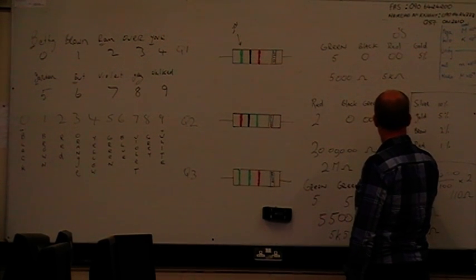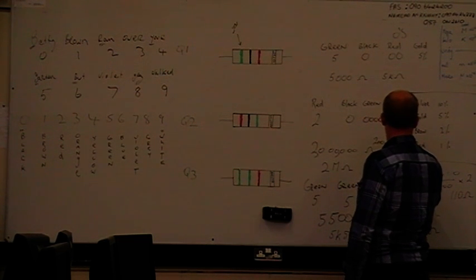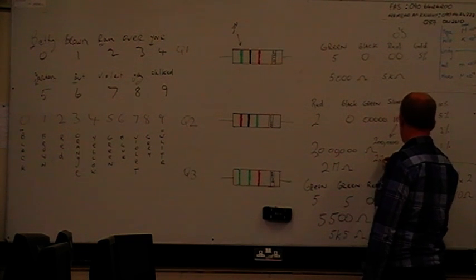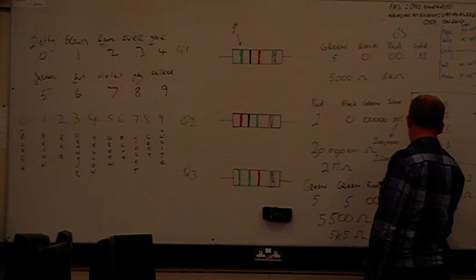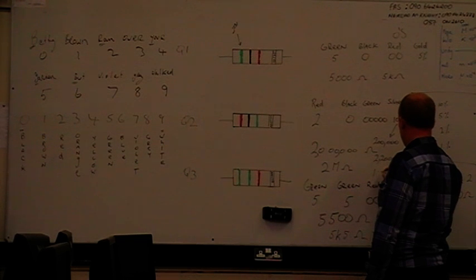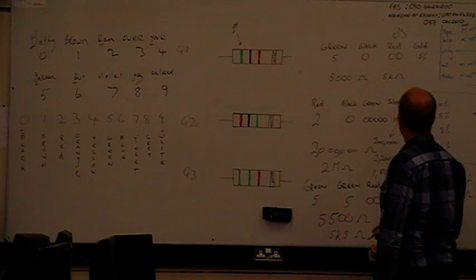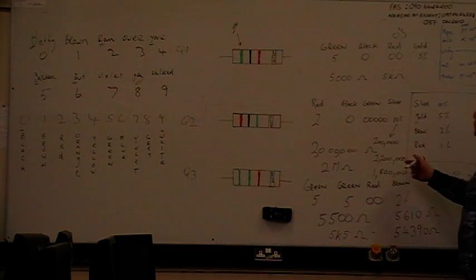So 10% is 200,000, and that will give you a value anywhere between 2,200,000 to 1,800,000 ohms. This is where your tolerances come into effect.